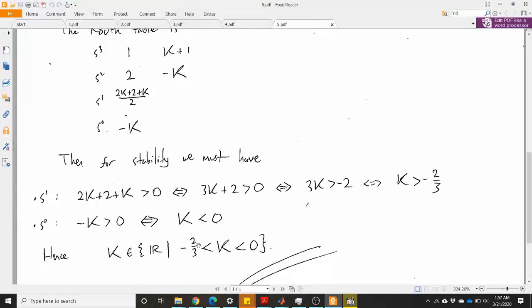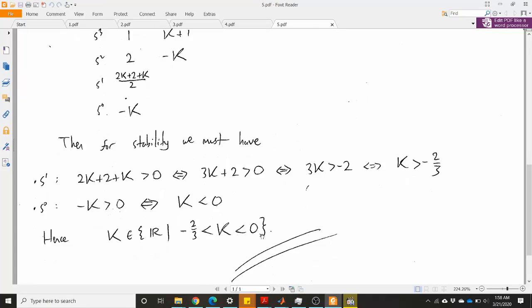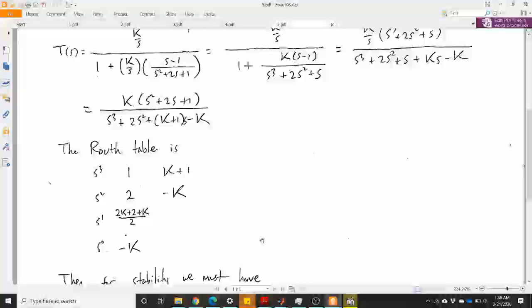So that is the k that stabilizes the system. So k must be inside this set. So k should be between minus 2 over 3 and 0. So that's our answer.